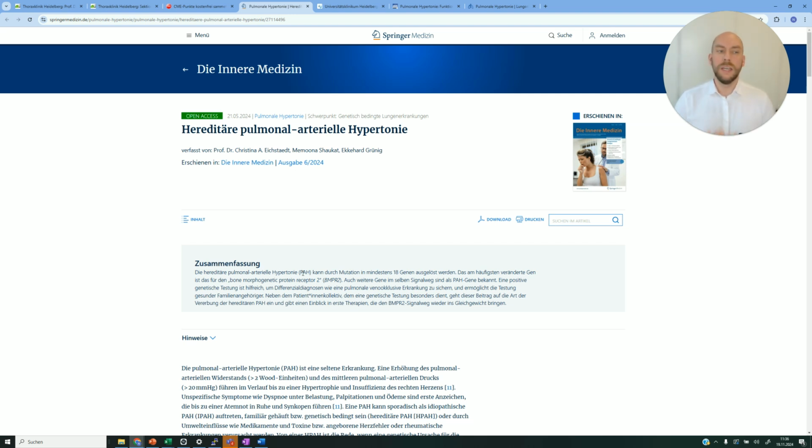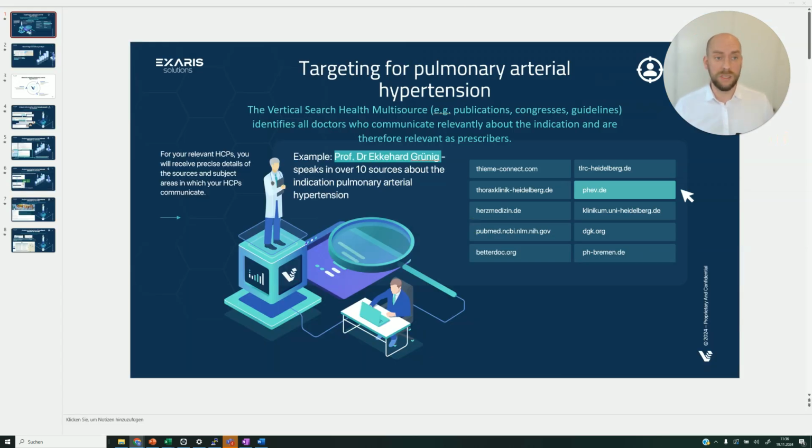He knows much about it, and he has a scientific footprint, so he is an expert in this topic. So he's relevant for you as a pharmaceutical company to engage with him, to talk to him, to know his views on the indication and to talk about your products. And this is the first step. This is the step how you can identify the HCPs.